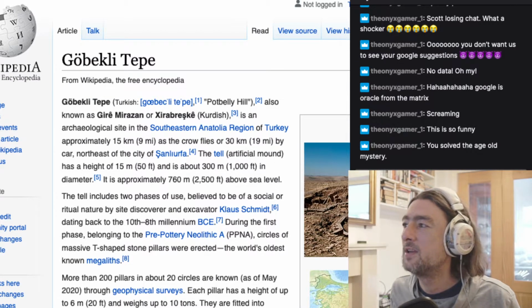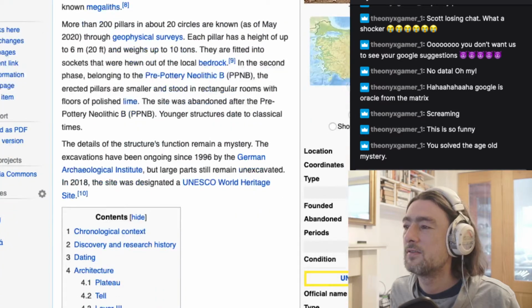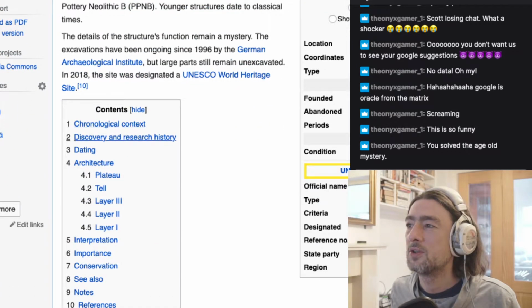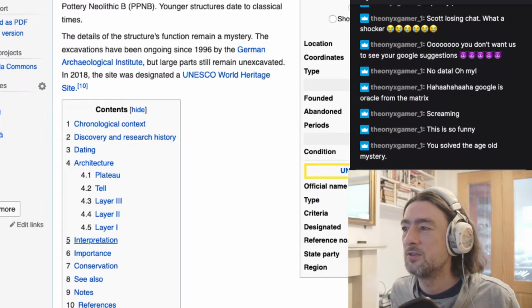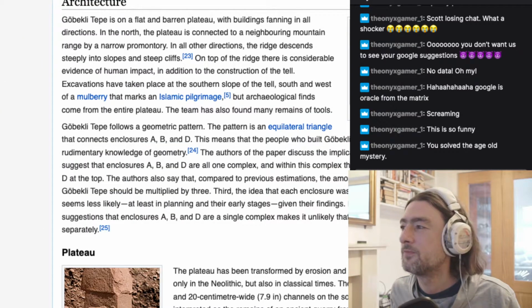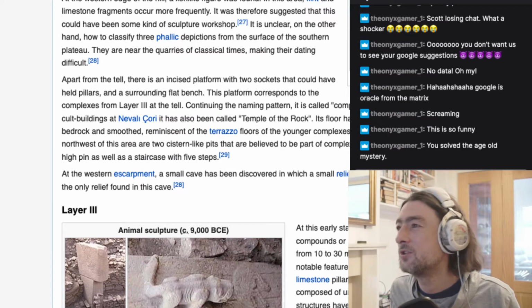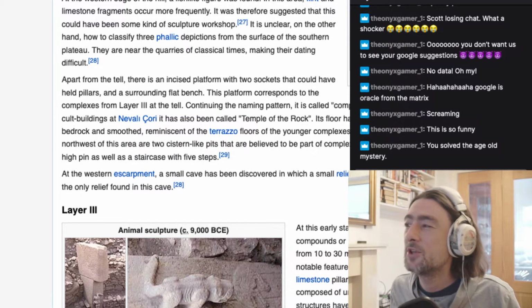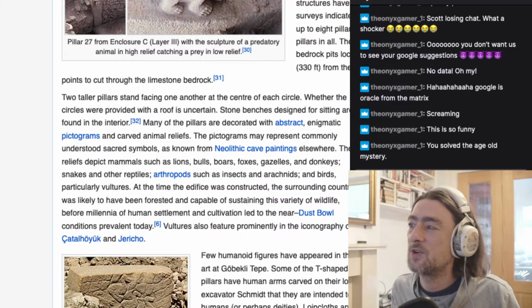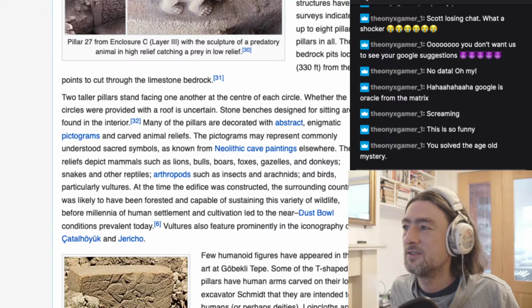In Wikipedia, we've got context, discovery, architecture, interpretation, importance, conservation. Yeah, okay, so that's fine. At least it's not telling us some absolute BS. But there's nothing here to suggest what Graham's saying is the case either, is there?